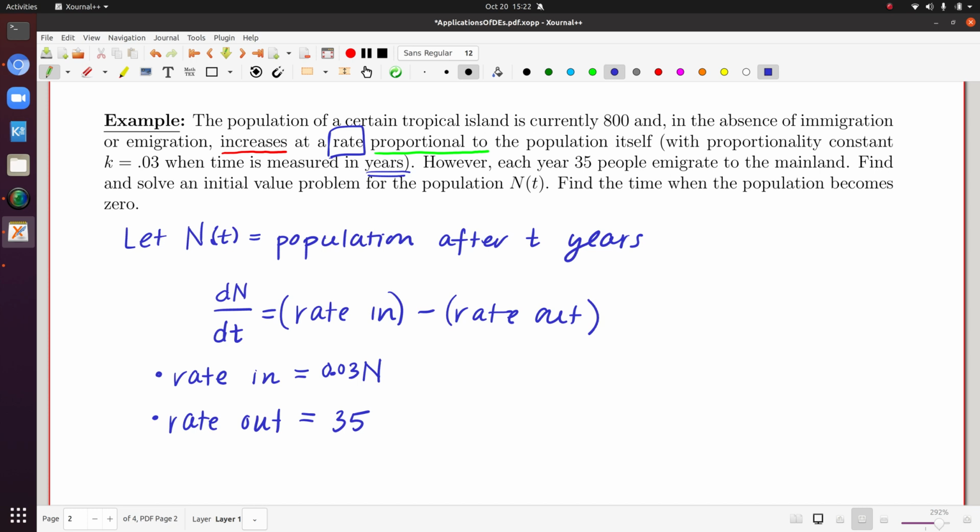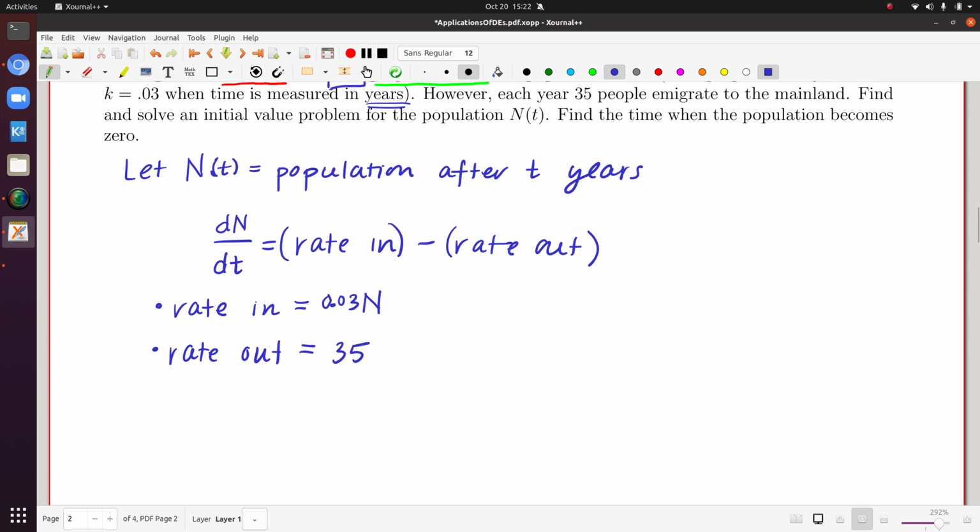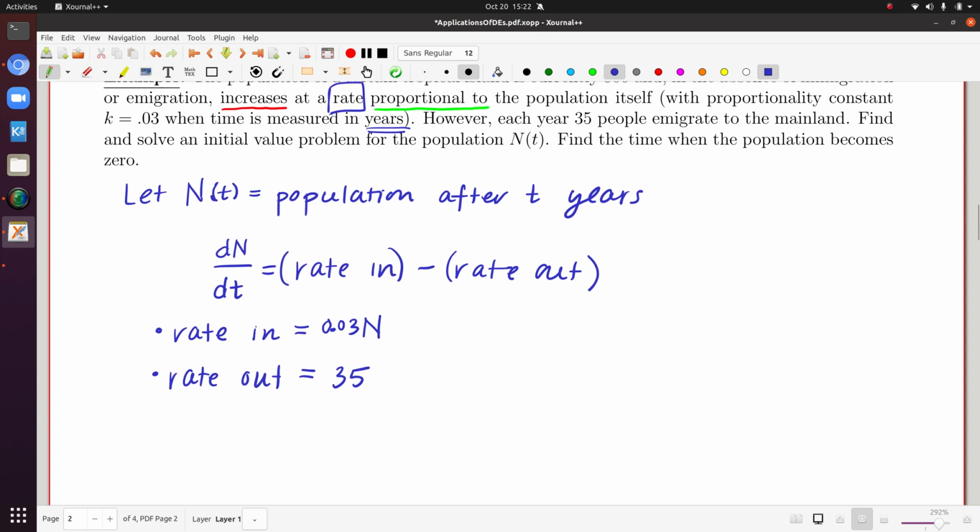I'll point out that if that's what you're thinking of how that might affect the n of t, right? But if we're talking about this constant number of people leaving each year, the way that affects the rate of change or the derivative is that the derivative there would be a constant. So we're having this every increase of the time unit by, say, 1 year, we expect 35 people to leave. So we think of that as a constant.